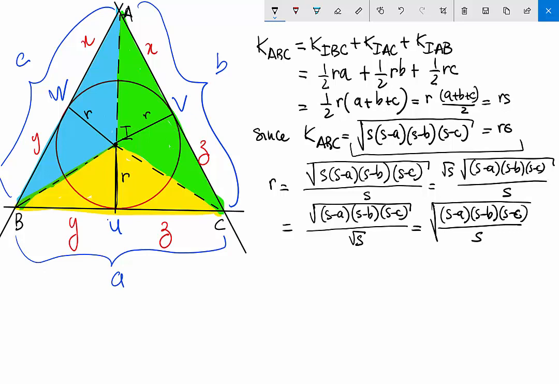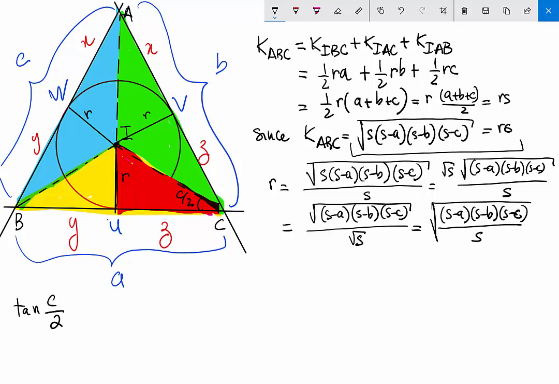Now the point here that we're making is about the tangent of C over 2. Looking at this triangle, let me highlight it. We all agree that because IC bisects C, this angle is C over 2.